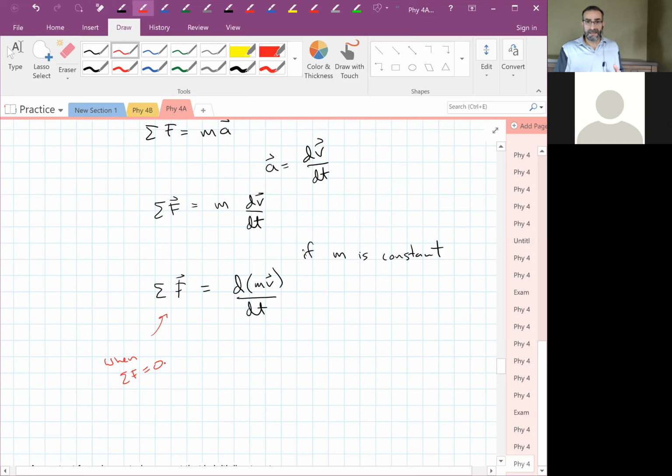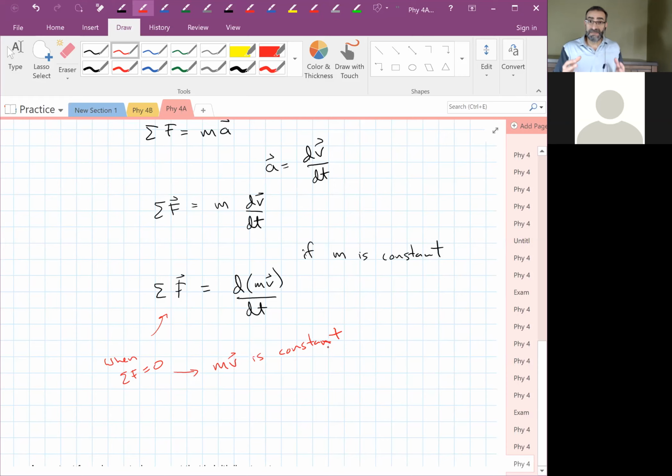The derivative has to be 0, or m times v has to be constant in time, right? The derivative has to be 0.